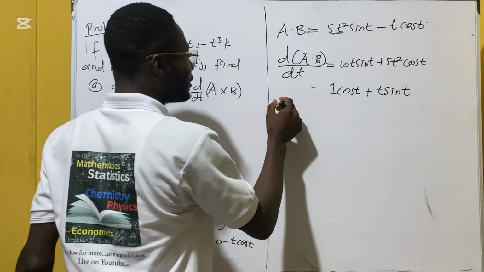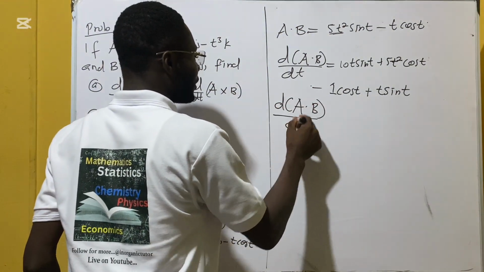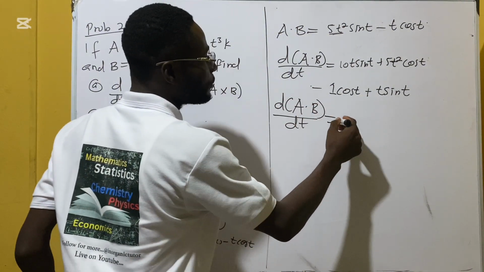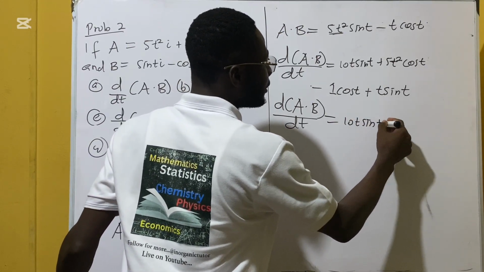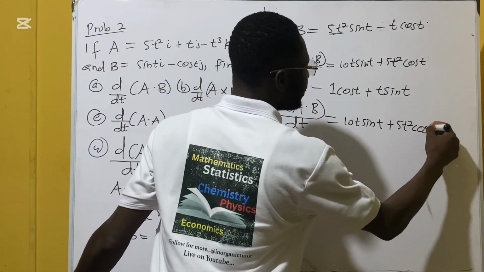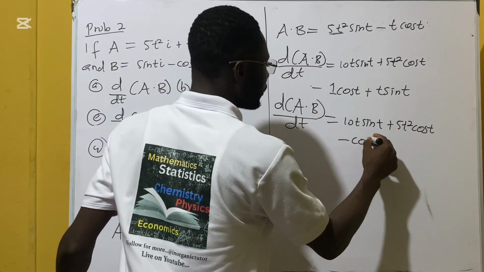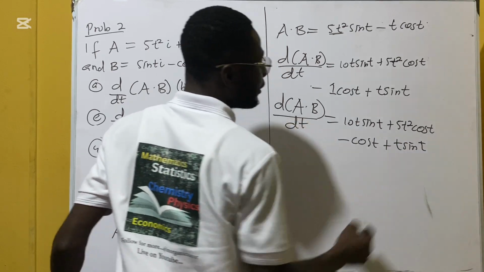So over here, we can say that d of a dot b with respect to t is equal to 10t sine t plus 5t squared cos t minus cos t plus t sine t, right?